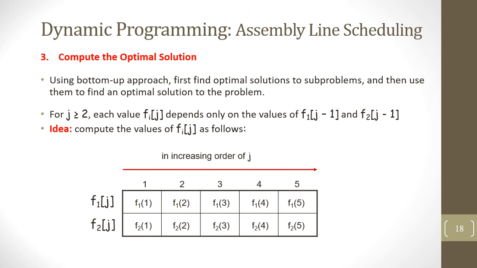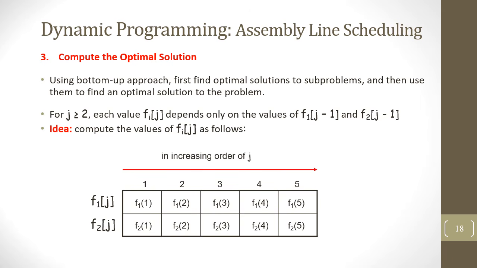In increasing order of j, to start off with, we will find the value of F1 of 1 and F2 of 1. Once we have found the fastest way to station 1 on lines 1 and 2, we can use them to find the fastest time to station 2 on both lines.